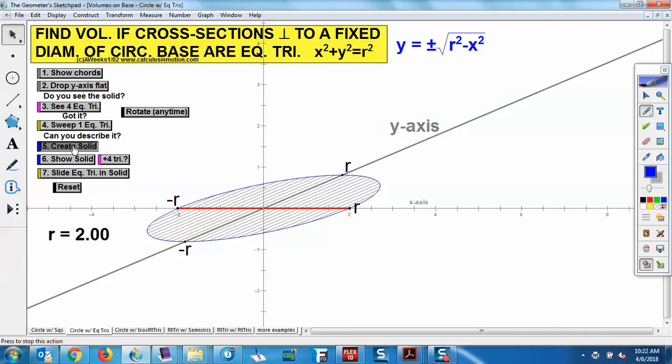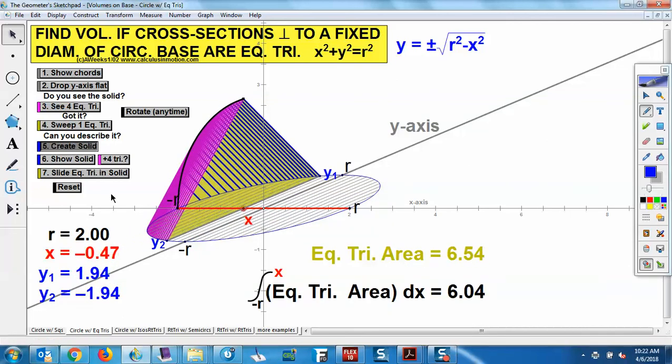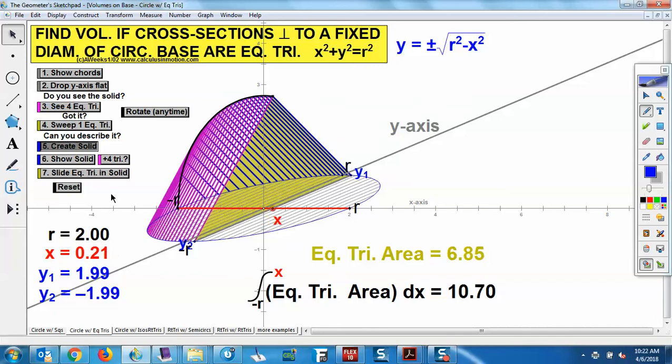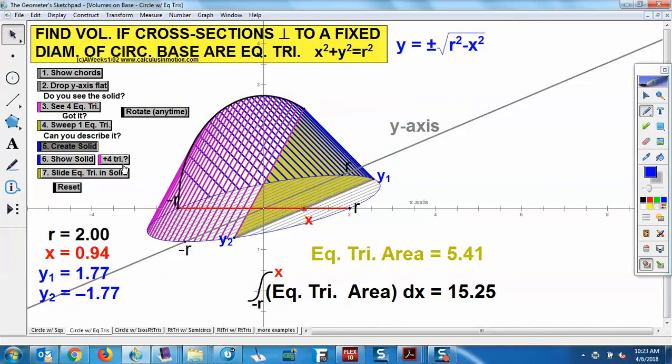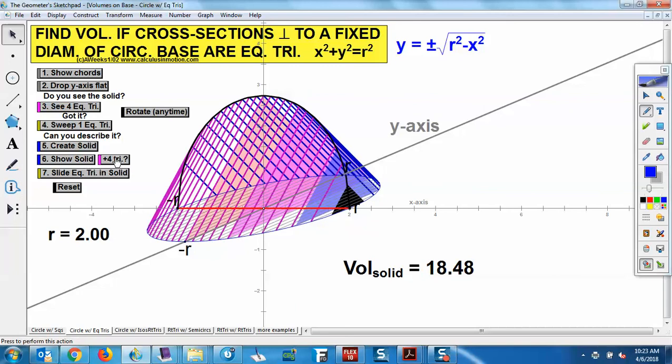So what would a solid look like here that had equilateral triangle slices? Every time we slice this, we would get equilateral triangle slices. It would look, I don't know, like a conquistador helmet or something? But it's got equilateral triangles coming up off the page.